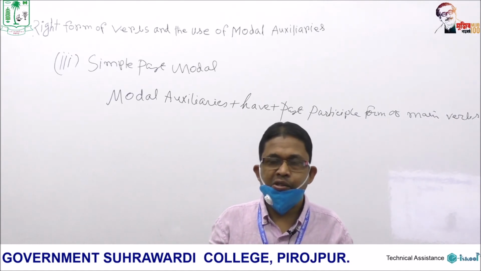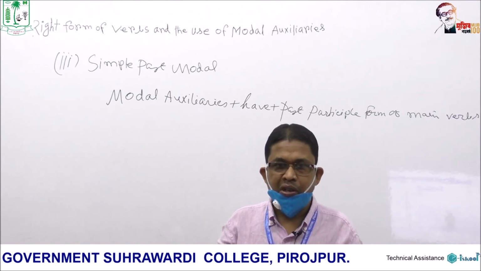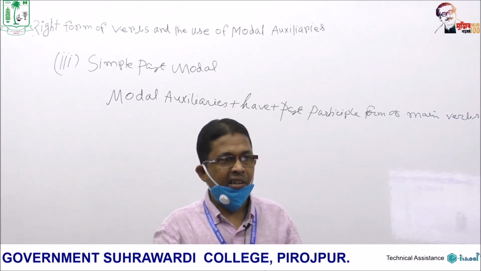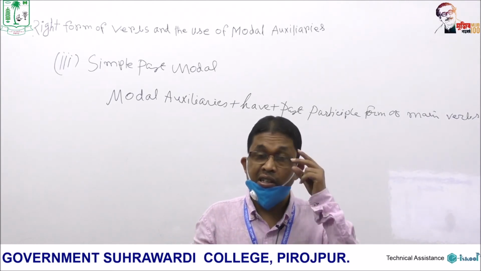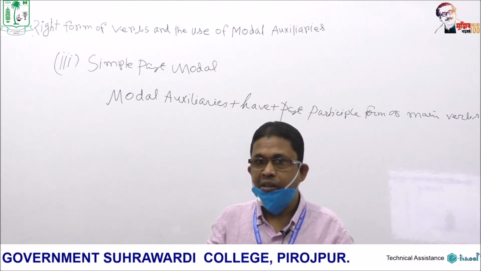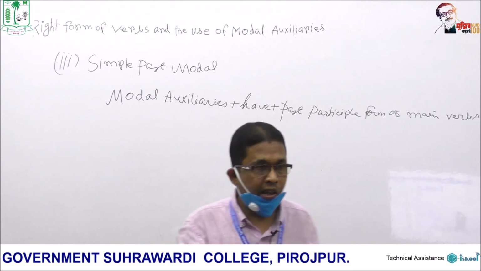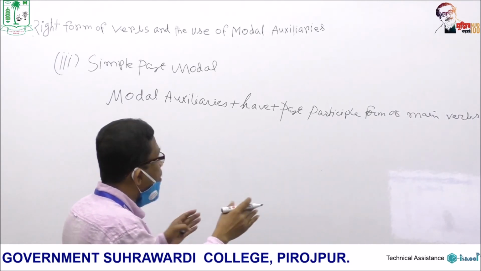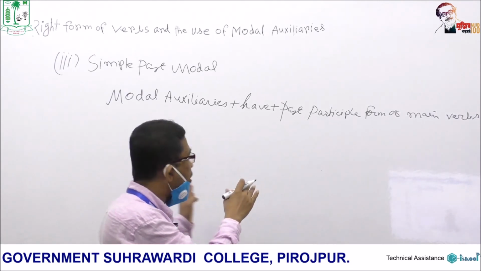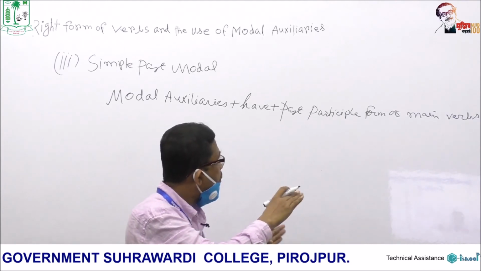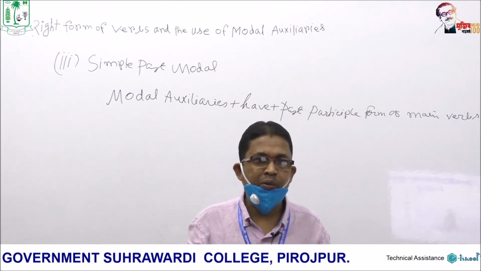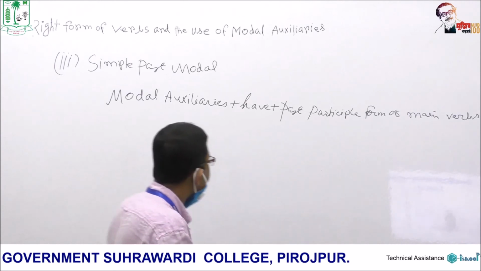Anyway, we have some idea about how many modal auxiliaries there are, as we discussed them in our first class. And now, modal auxiliaries, that is shall, should, will, can, could, may, might, must, any of the modal auxiliaries, then have, then the past participle form of main verbs.